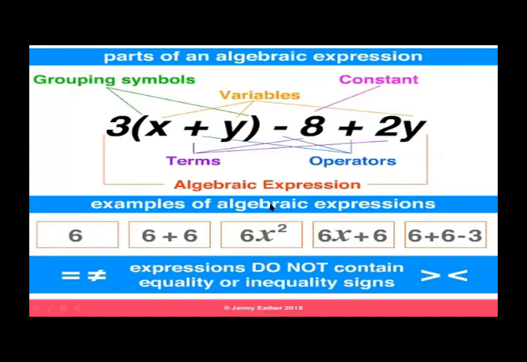Then we discussed a very important point, that an algebraic expression never has any equality or inequality sign. Equality means equal to or not equal to sign, and inequality means greater than or less than sign.